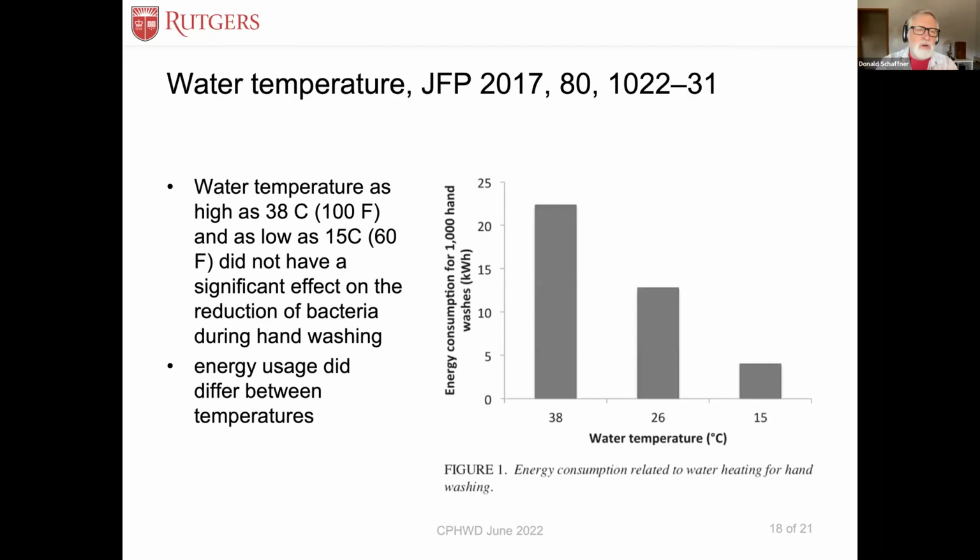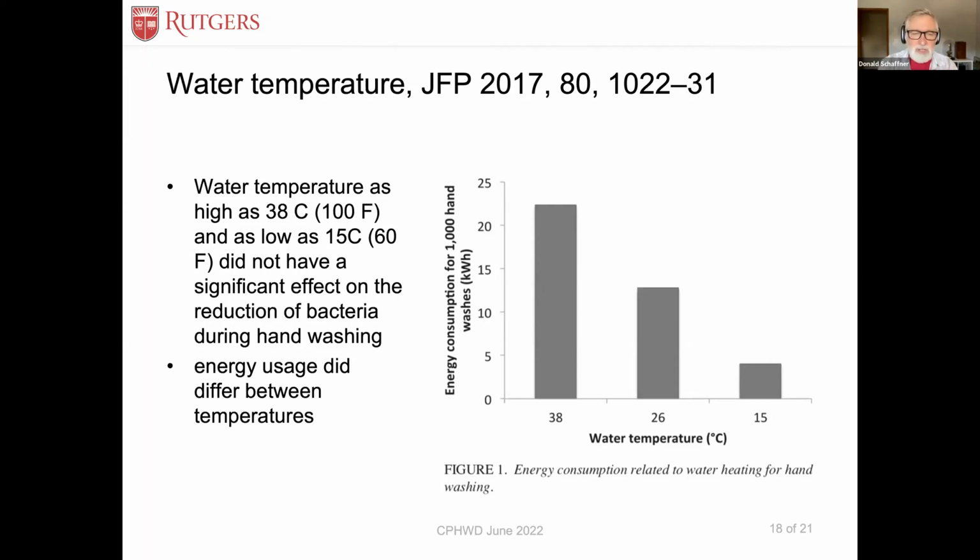We also did some work on the effectiveness of water temperature for hand washing, and this is some work that was published in 2017, also work that was led by my former graduate student, Dane Jensen. Basically what we did was we studied 3 different water temperatures. We studied 100 degrees Fahrenheit, 80 degrees Fahrenheit, and 60 degrees Fahrenheit.